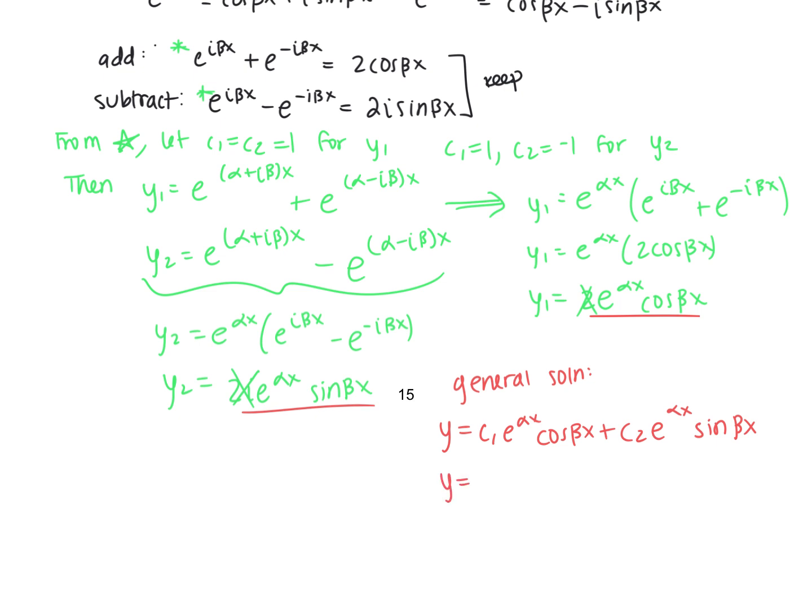Also written as e to the alpha x times c1 cosine of beta x, add c2 sine of beta x. Okay, so this is our third and final general solution. So that was all of the derivation. You're not going to do that every single time you solve one of these homogeneous linear differential equations. Let's take a look at the first example and we'll talk about expectations.